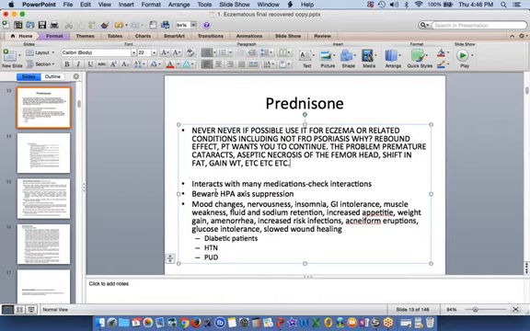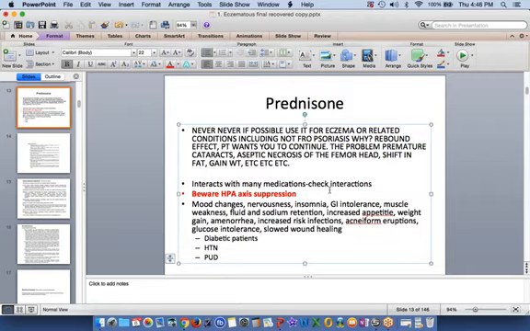Okay? It also causes suppression of the HPA axis, very important. If you suppress people, you could actually cause death if you keep on prednisone for too long without reducing in a very, very slow manner. That could take only a few weeks to occur.